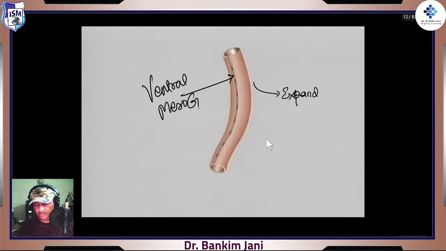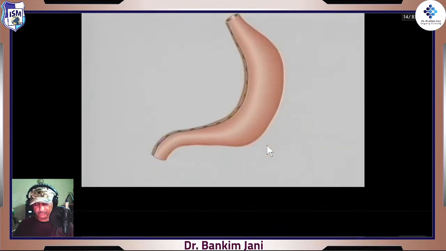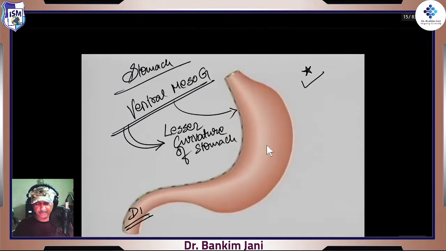In other words, over here the rate of growth is much higher compared to the opposite side, and that's the reason it goes all the way towards formation of the stomach, and here the stomach is ready. So the lesser curvature of the stomach is developed by the ventral mesogastrium. This is one important point, so that's why the star was marked.